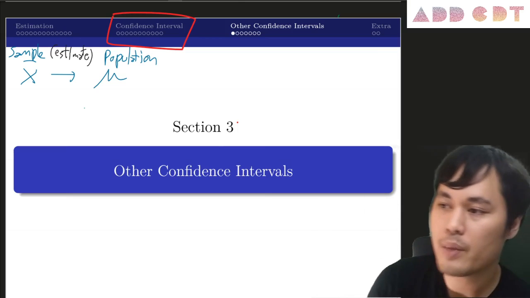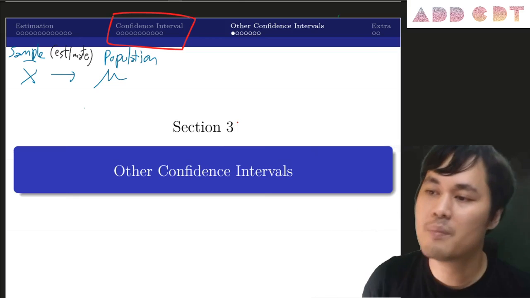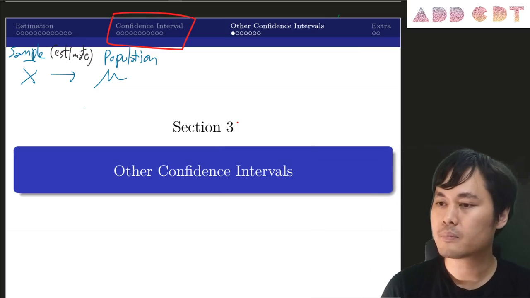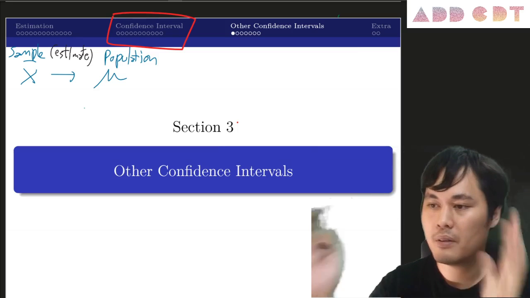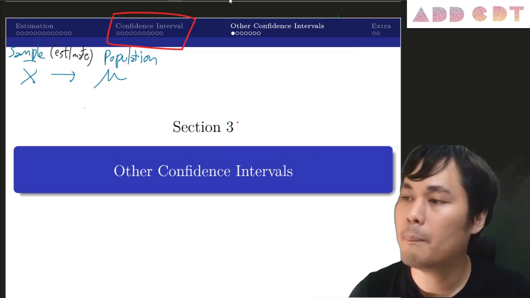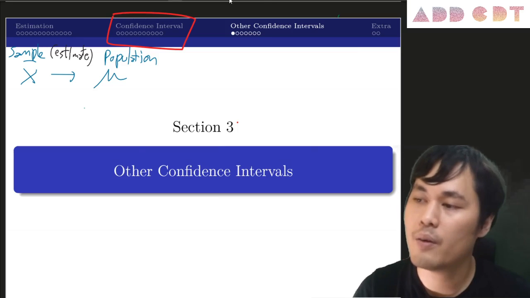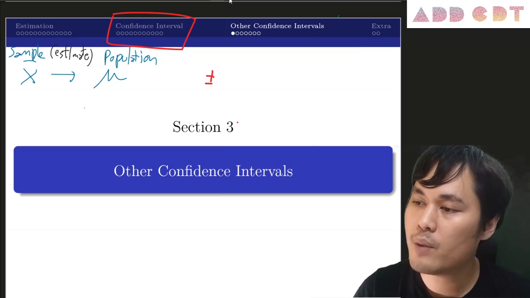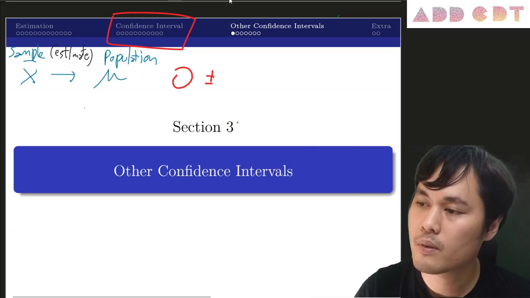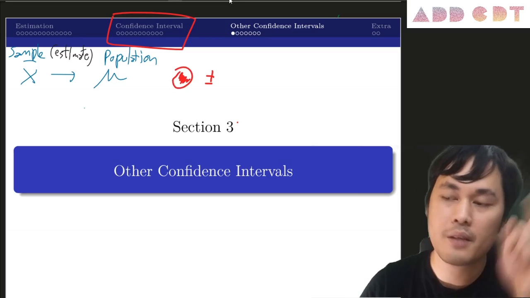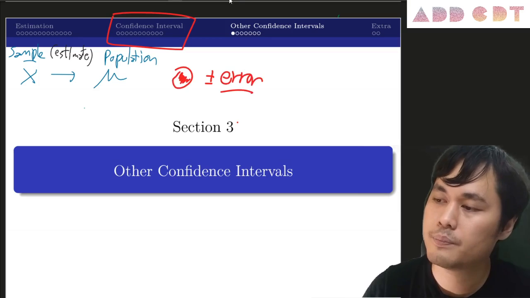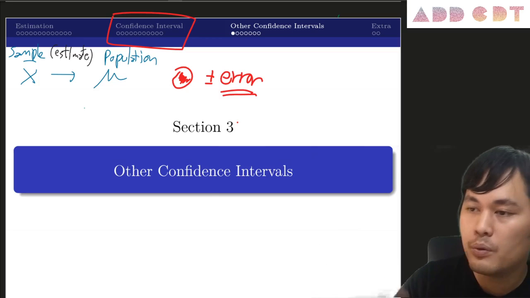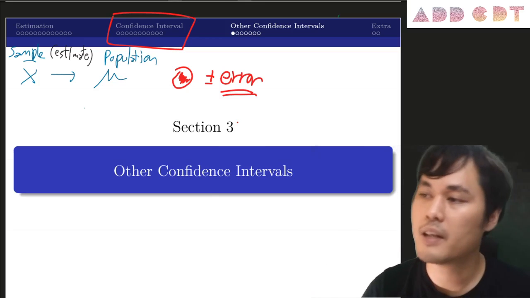And in the previous case, we have a nice assumption that we know the sigma, that it is normal, and whatever. But the key concept is that the result is going to be in the form of whatever point we estimate, whatever value, plus or minus some error. And that error will be different for other kinds of problems.